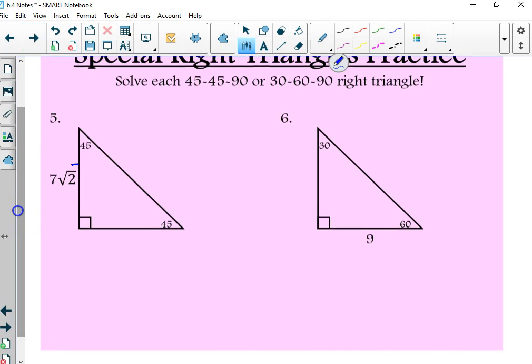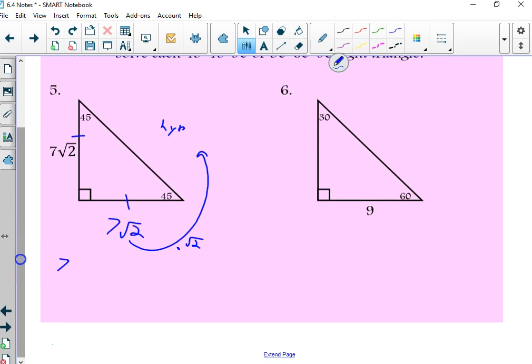Okay, 45, 45, 90, I marked my legs. That reminds me that this is also 7 radical 2. And then, going to the hypotenuse, I want to make it bigger, so I'm going to multiply, and it's radical 2. So I come down here, 7 radical 2 times radical 2.